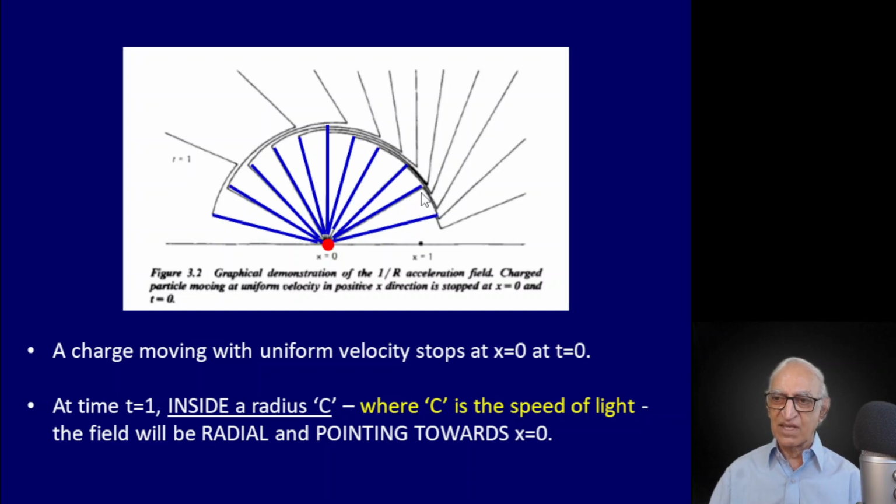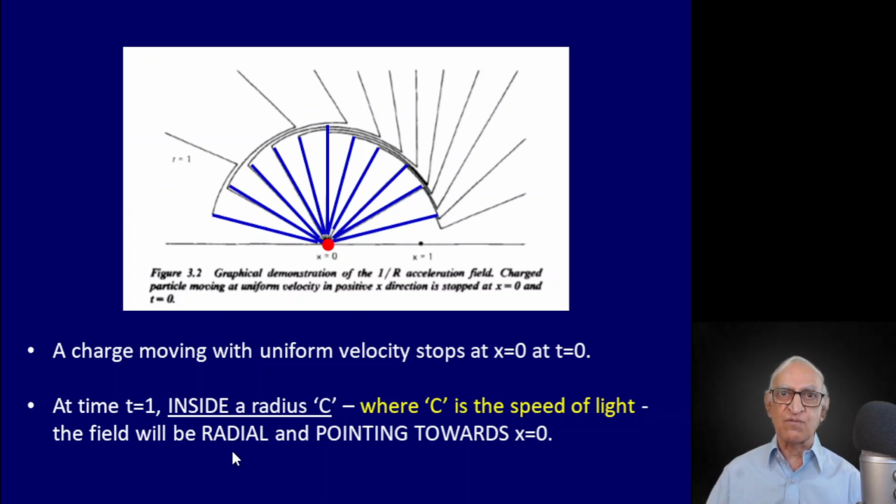In other words, every point inside that semicircle, the signal, the information that the charge has in fact decelerated and come to a stop at x equal to 0 would have reached every point inside that semicircle, because I have considered a semicircle whose radius is c. That is the distance up to which the signal would have traveled.